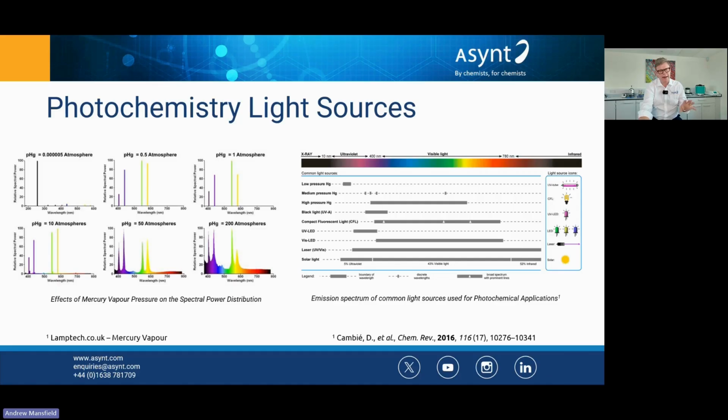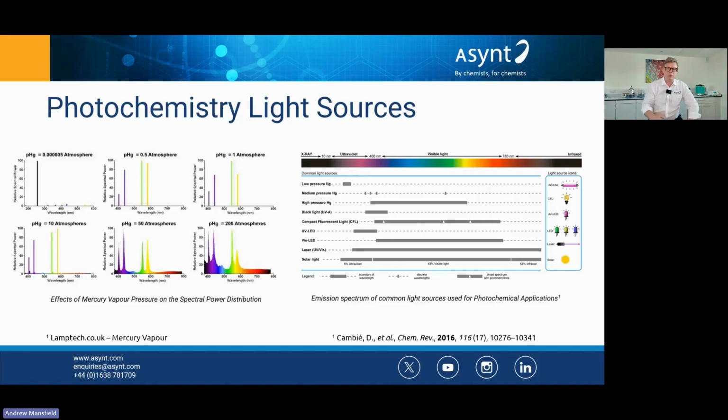If we look on the left, that's showing mercury lamps. We can have low, medium, and high pressure, and they give different emission spectrums. With the low pressure lamps, we can be essentially monochromatic, but in that UV region. When we start to go up into the visible light by increasing the pressure of the lamp, you can see we start to increase that range of wavelengths, so we have a broader spectrum of emission.